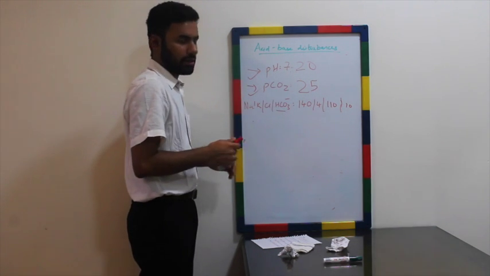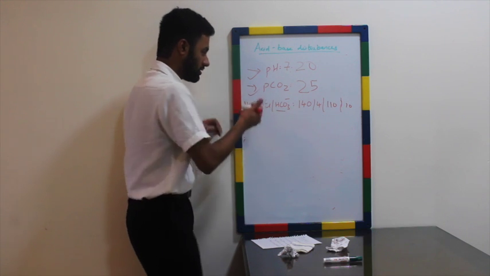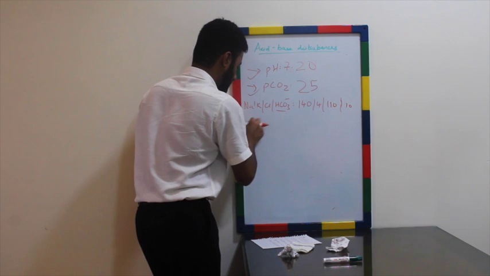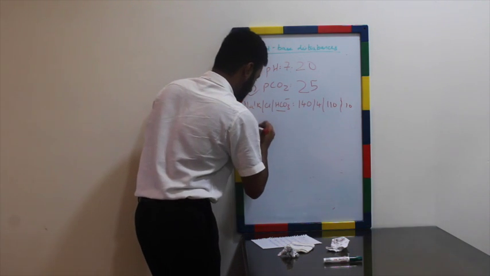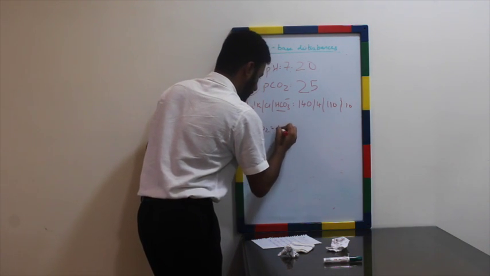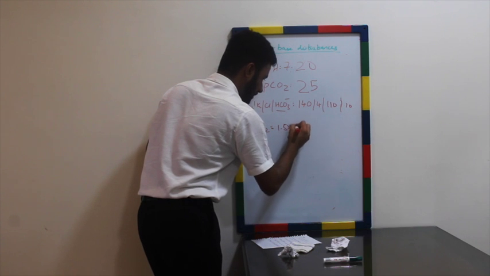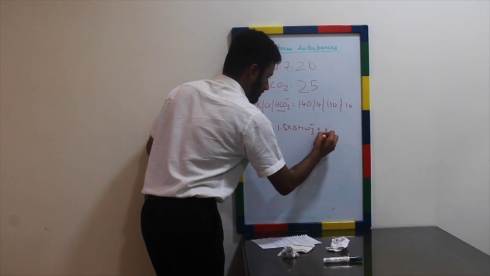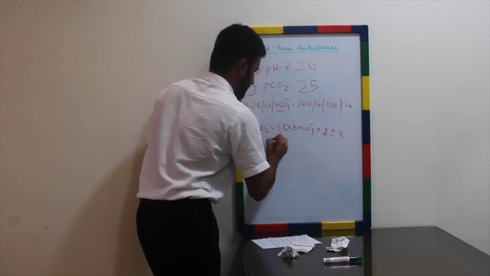What is the expected PCO2 in a patient with a primary metabolic acidosis? The PCO2 is 1.5 delta bicarbonate plus 8 plus or minus 2.